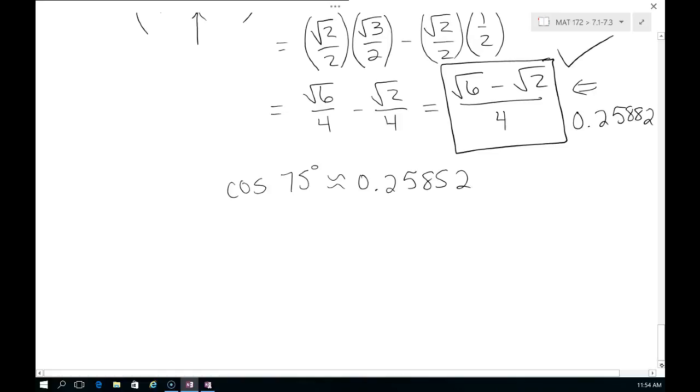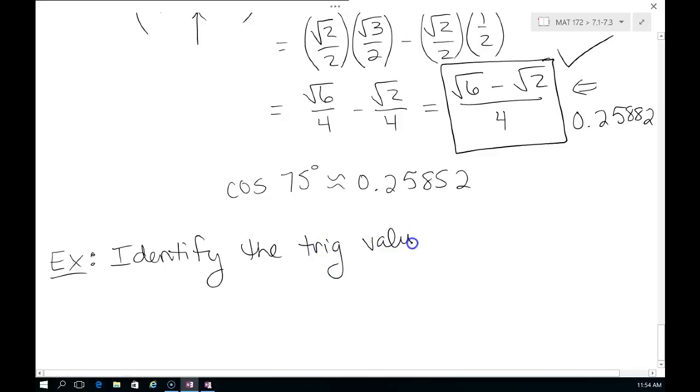And I'm going to close out this video with a problem that really doesn't require any work at all. It just requires you to recognize a pattern. We just want to identify the trig value that's being calculated.